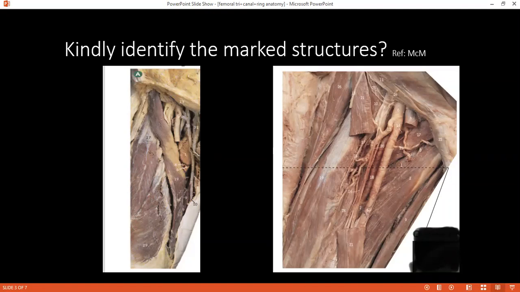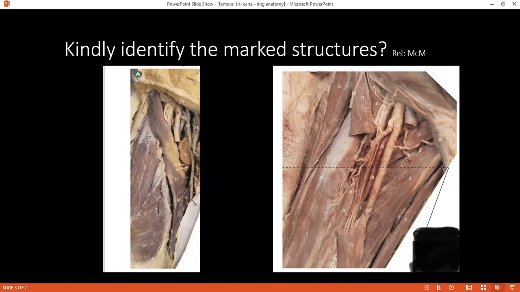Can you tell me the attachment of the inguinal ligament? It's attached to the anterior superior iliac spine, and... Okay, yes. Can you also please tell me the rest of the boundaries of the femoral triangle?